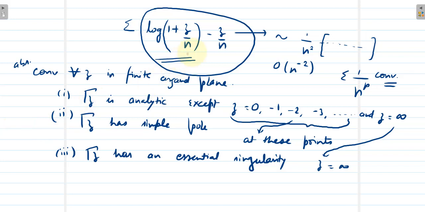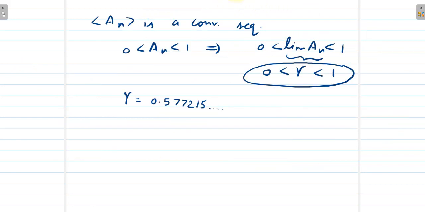Now, as an assignment, I give you certain questions to try. For example, gamma dash z over gamma z is minus gamma minus 1 over z.